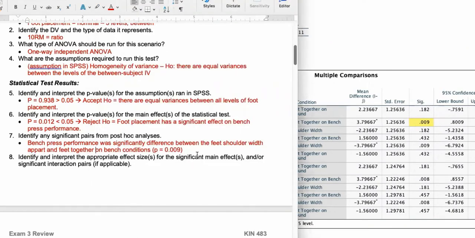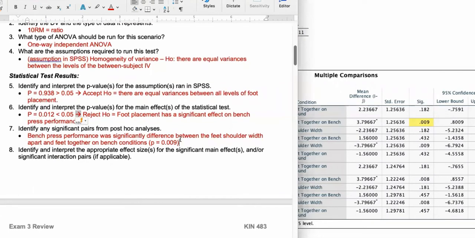I just realized I spelled that wrong. Okay. You could also write this as all pairs are not significant except, and then write the one that is significant. So multiple ways you could report that.